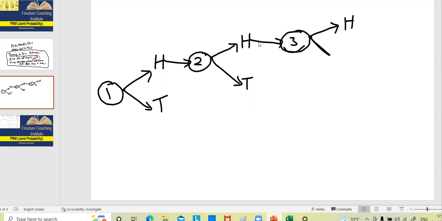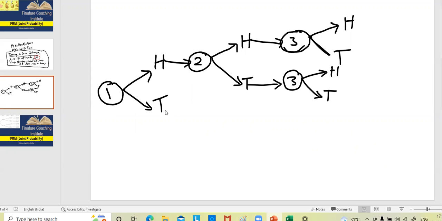Again, in this node also, when you toss it the third time, you either get head or tail. So this is the possibility when you get head in your first outcome.